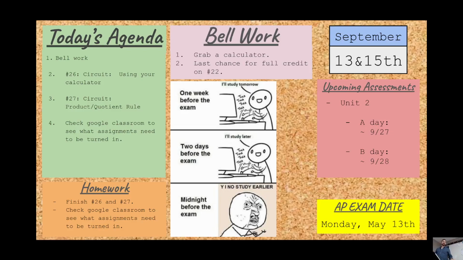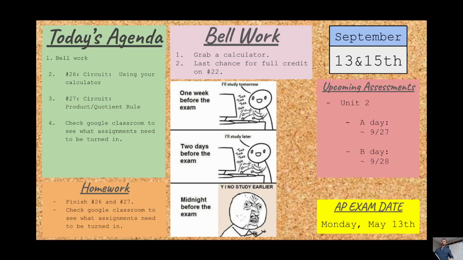Alright guys, we're about 5 minutes out, so finish up the question you're on. Notice that if you did not finish the circuit for 26 or 27, please do that for your homework. Again, I don't see you till next Monday, so you could honestly do 2 or 3 of these questions a day and still get it done in plenty of time. And honestly, that may be better for you, to force your brain to think about it a little bit every day instead of a lot at once.